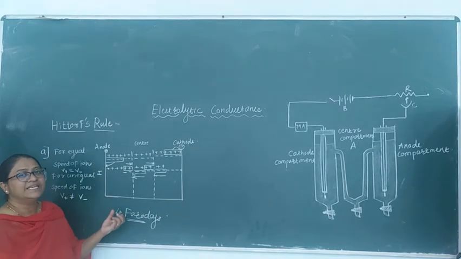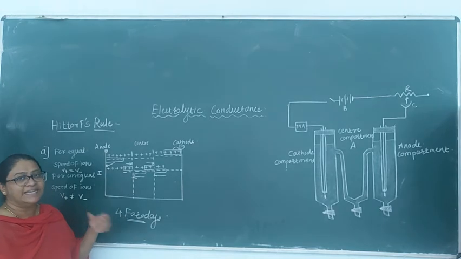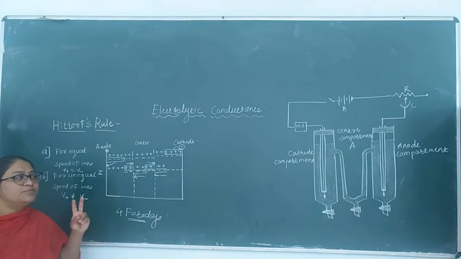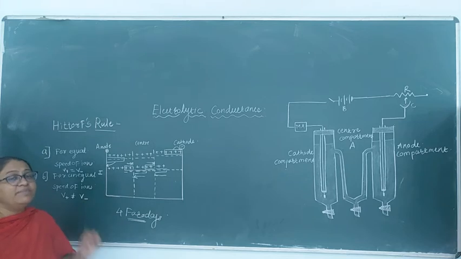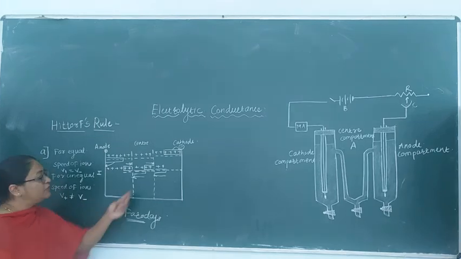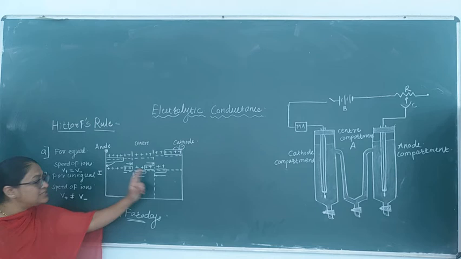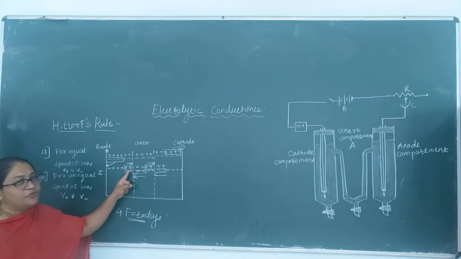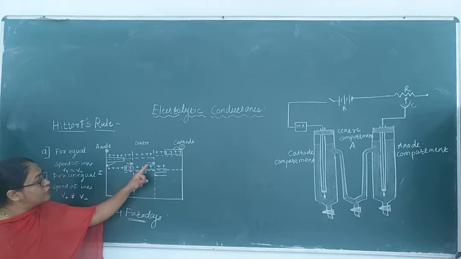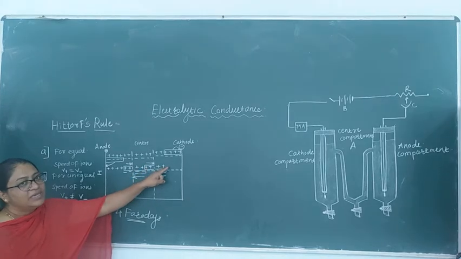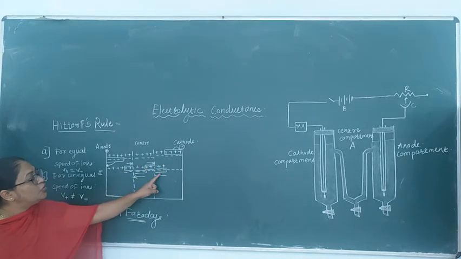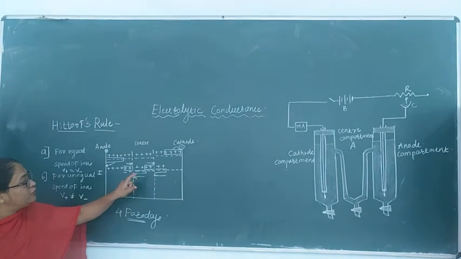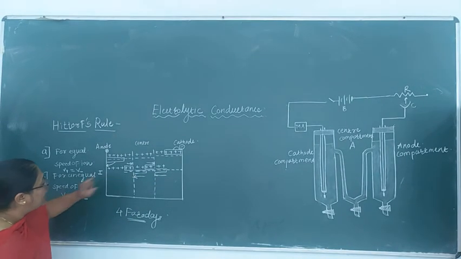Exactly two ions have migrated. Why? Because both the ions have the same speed, hence both of them carry the same electricity. Total is 4, therefore 2 will be carried by anions and 2 by cations. The 2 cations move to the center and from the center to the cathode, while the 2 anions move from the cathode compartment to the central compartment, and from the central compartment to the anode compartment.